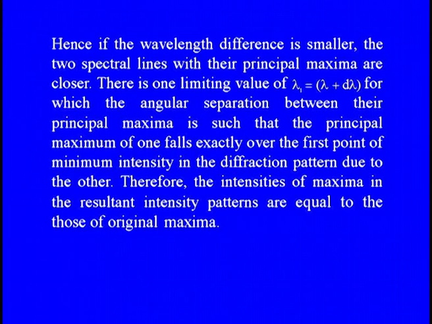There is one limiting value of lambda 1 equal to lambda plus d lambda, for which the angular separation between their principal maxima is such that the principal maximum of one falls exactly over the first point of minimum intensity in the diffraction pattern due to the other. Therefore, the intensities of maxima in the resultant intensity pattern are equal to those of the original maxima.